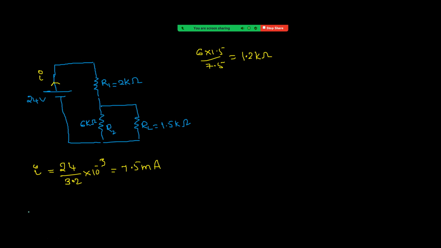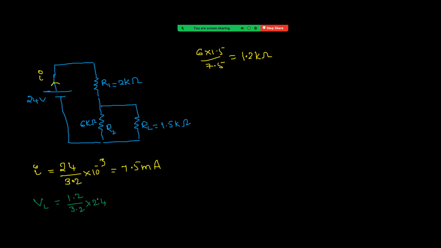So this is now the V value across the load resistor, VL proportional to R. So I can write 1.2 by 3.2 into 24, right?